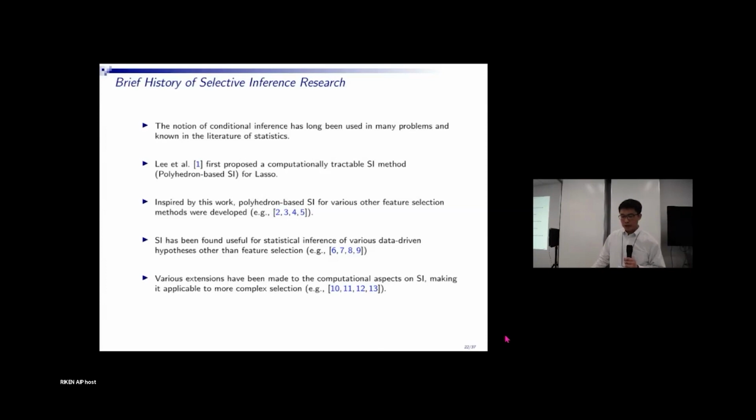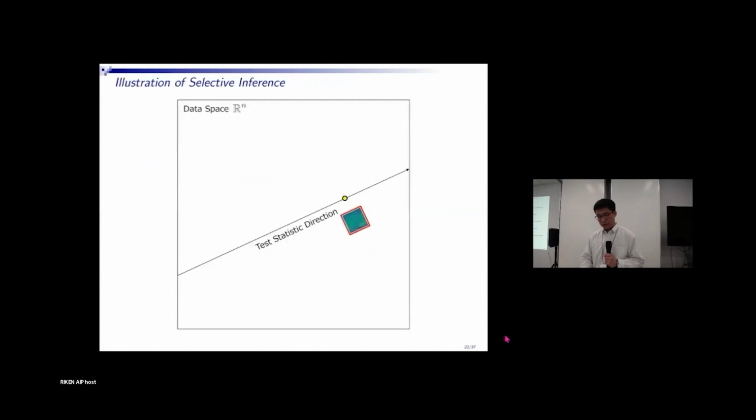Inspired by this work, selective inference for various other feature selection methods was developed. But selective inference has been known to be very useful not only for feature selection, but also for other types of problems. And various extensions have been made to the computational aspect of selective inference. I'm also working on that part, making it applicable to more complex selection, something like deep learning models.